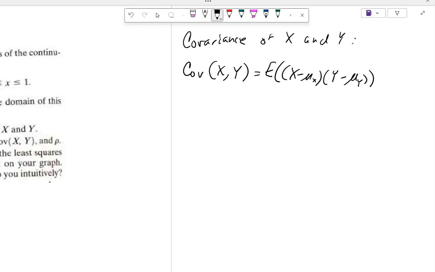So that's our definition of covariance. It's the expectation of the product of the deviations.